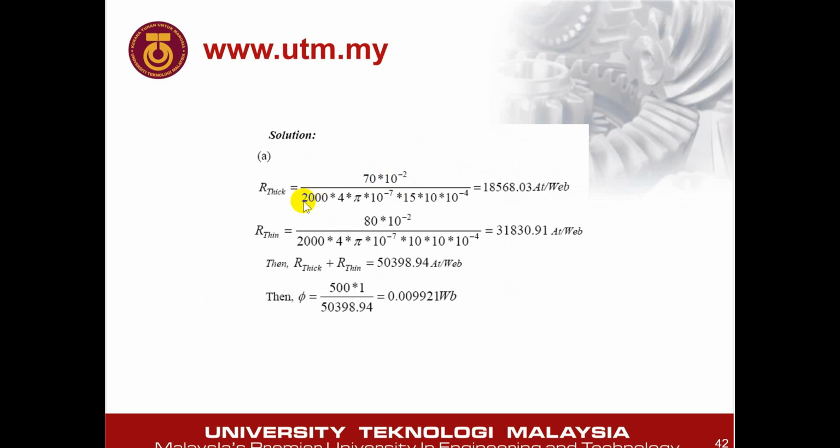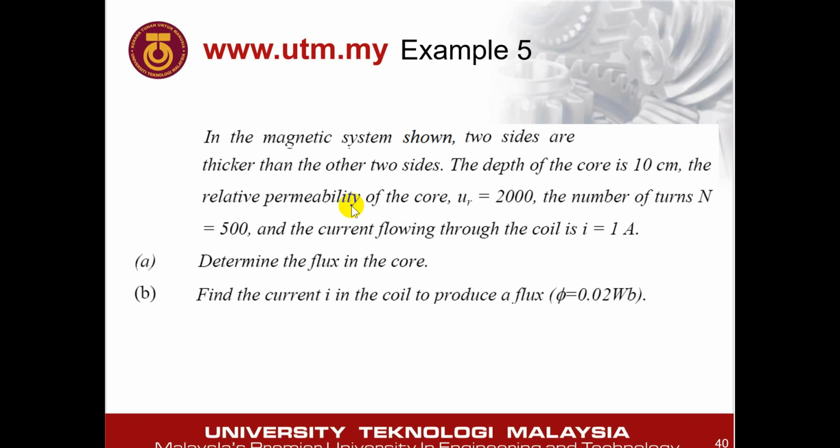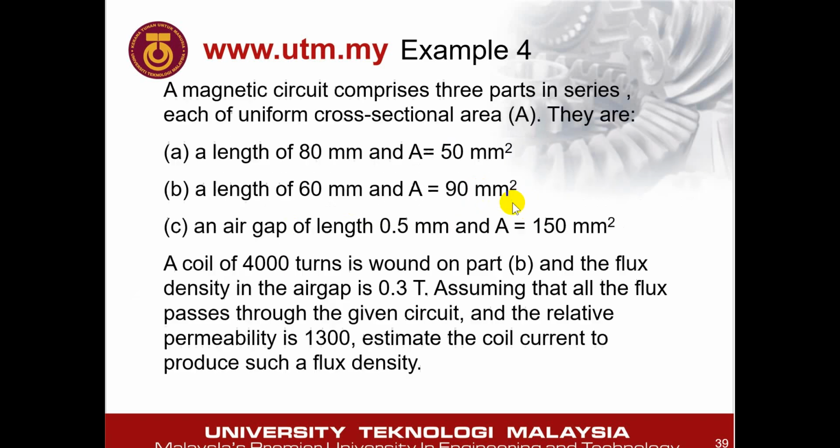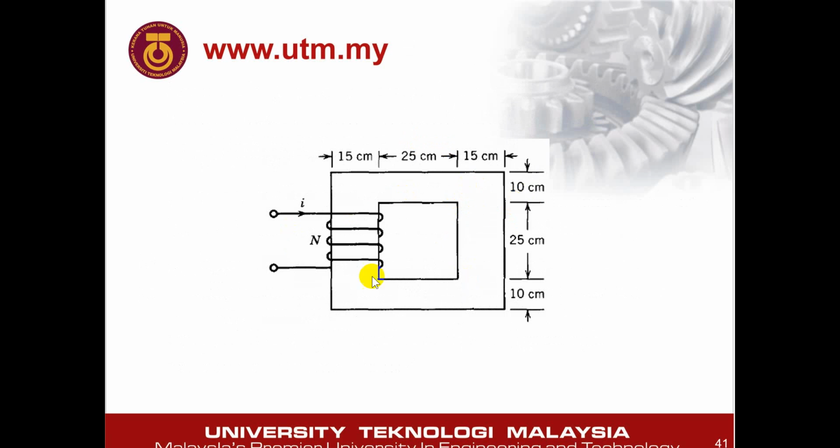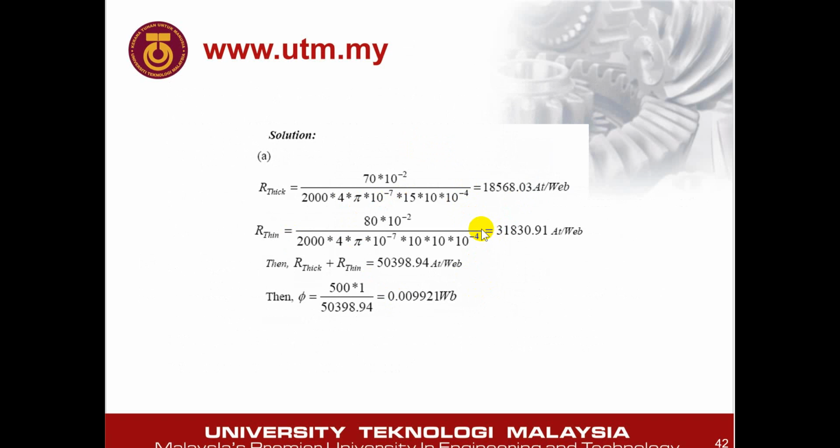Now this one is mu naught. If you don't use your calculator, you can use 4 pi times 10 to the power of negative 7. The mu r is given, which is 2000. Only one mu r because there is only one core, there is no gap. For the thin one it is 80.